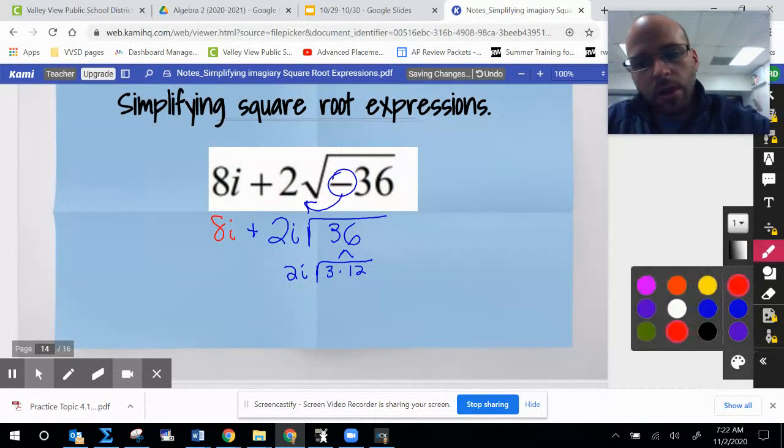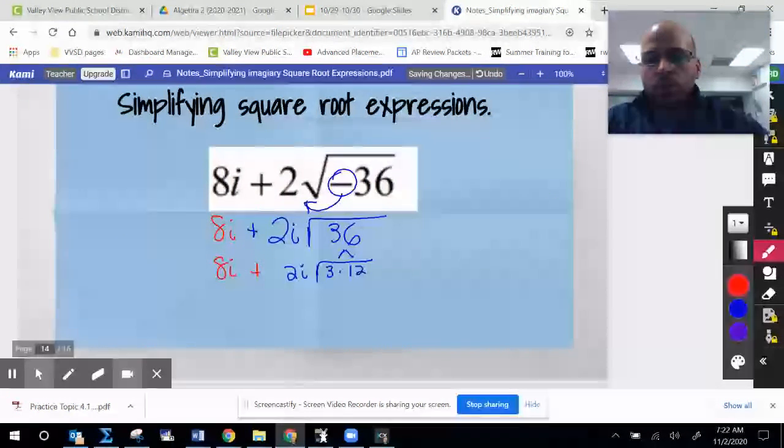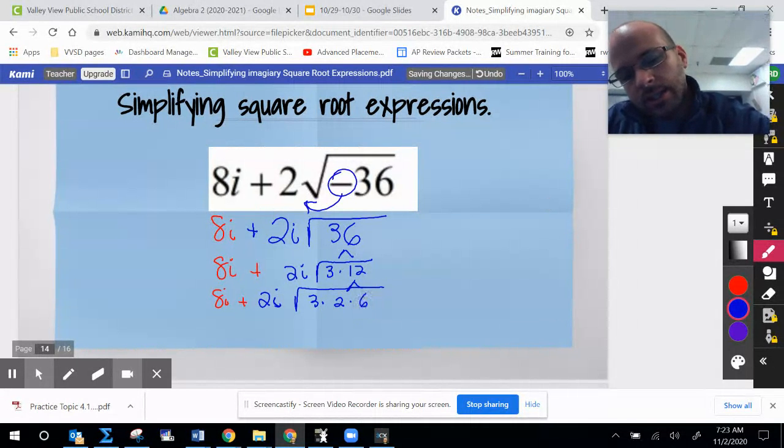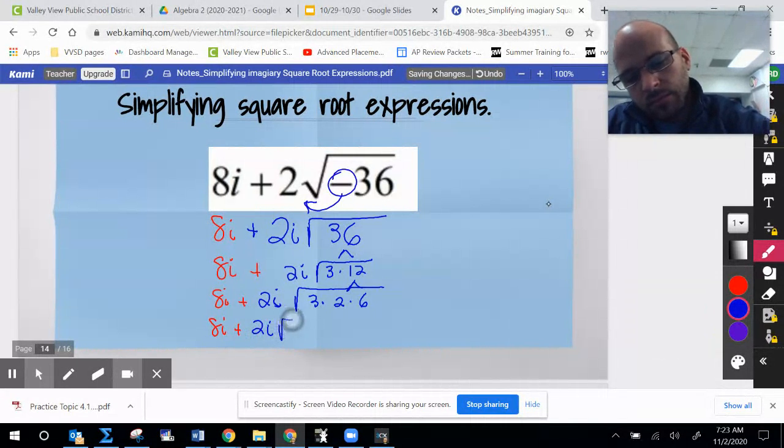Right, so I want to make sure I write everything out. So I have a negative 8i, right? So I bring it down. If I keep reducing this, this is now the square root of 3 times 12 is 2 times 6. And I can break that down even further. 3 times 2, 3 times 2, right?